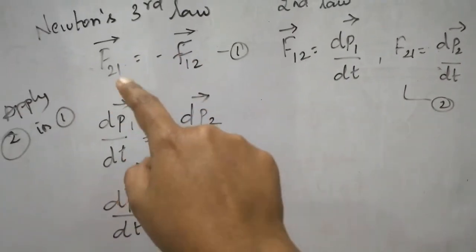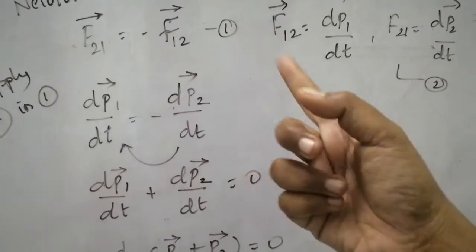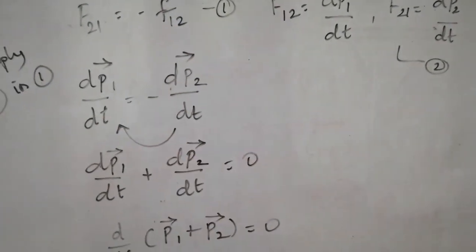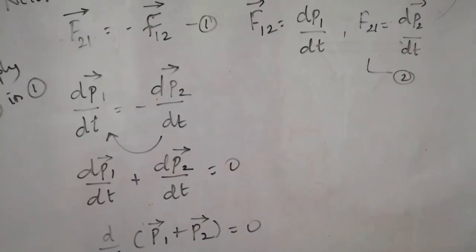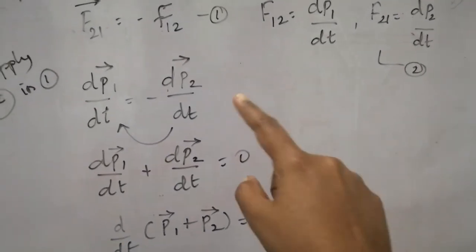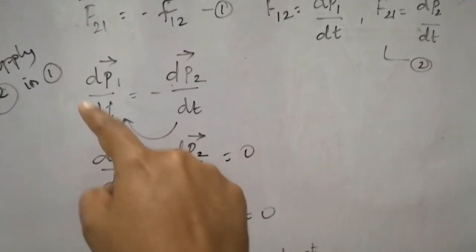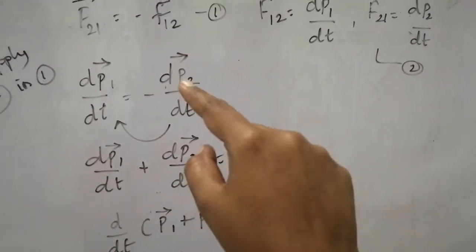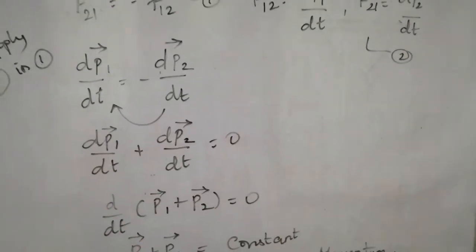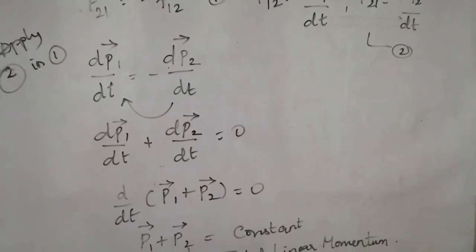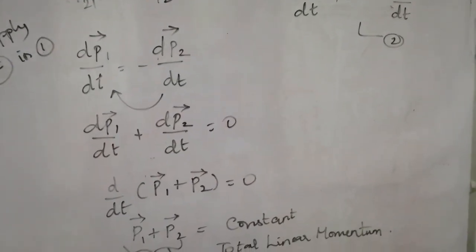One is equal to minus the other, so I am writing dp1 by dt equal to minus dp2 by dt. Bring the minus to the left-hand side and it becomes plus. Then it would be dp1 by dt plus dp2 by dt equal to 0.